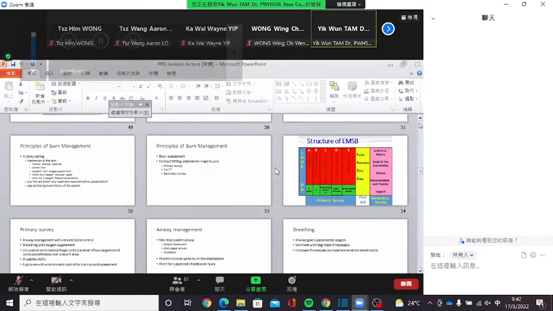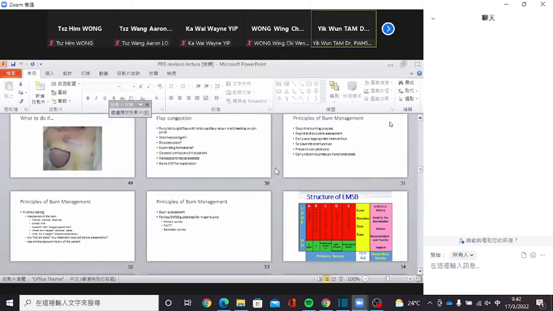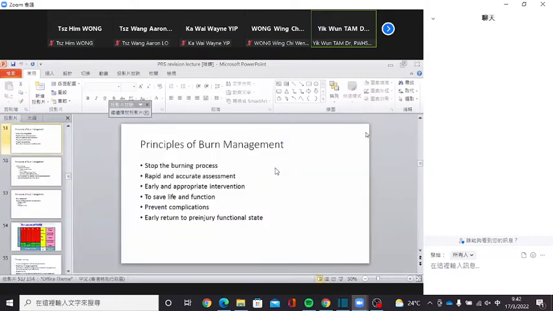Any of you who have not had the plastic module attachment, or has every one of you seen this management of burn PowerPoint before? Hello, can someone reply?